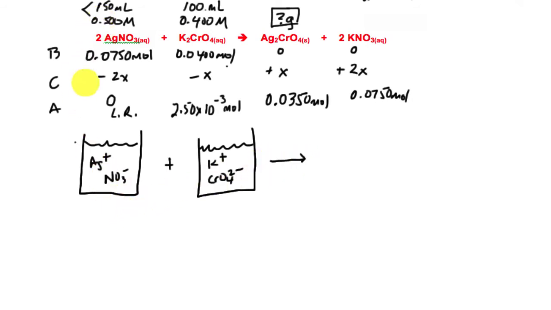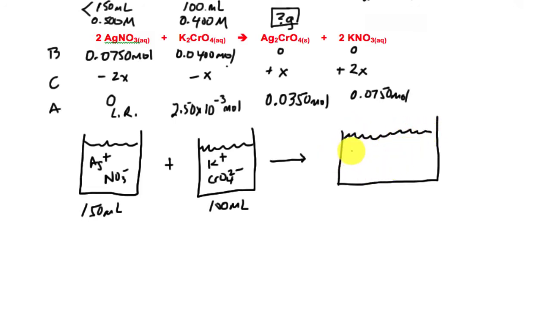Now think about this. I have 150 milliliters over here, and over here I have 100 milliliters. So if I combine those together, I'm going to have a solution that now has silver ions, potassium ions, nitrate ions, and my chromate ions.